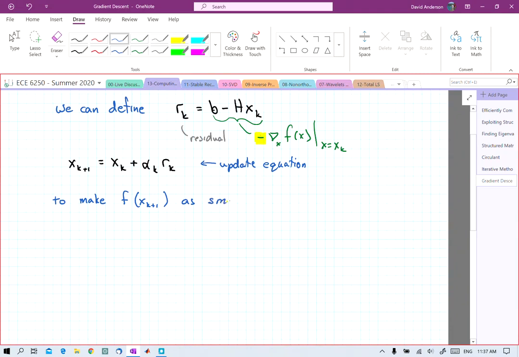So we want this to be as small as possible. We're going towards the minimum. And we know that that is actually just equal to xk plus alpha k rk. And we want to solve for the alpha that minimizes this.